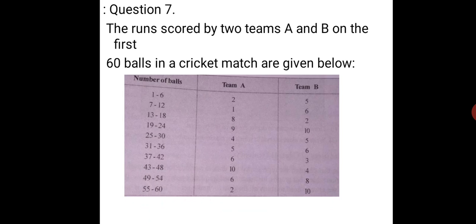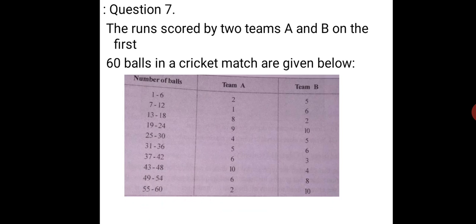Here I have taken question number 7: the runs scored by 2 teams, A and B, in the first 60 balls of a cricket match are given below. For balls 1 to 6, team A has 2 runs and team B has 5 runs.